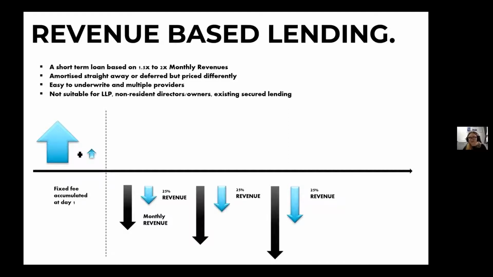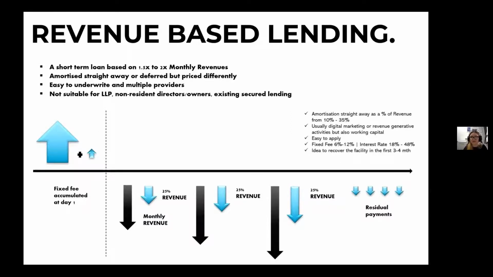And fundamentally, then you have this kind of residual payments, because the product has been underwritten and created to amortize straight away, to be able to pay back within 3 to 4 months the vast majority of the capital that you have taken from the lender. So that is how the product has been created, and that is how the vast majority of decision engines in this industry are coded.